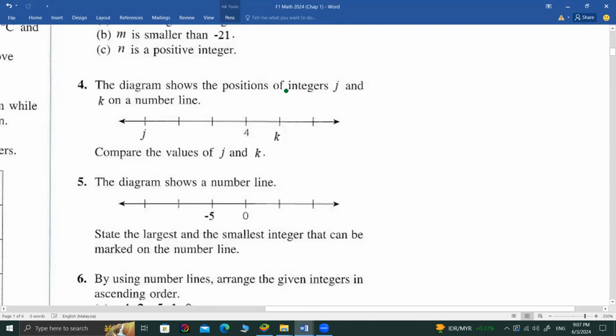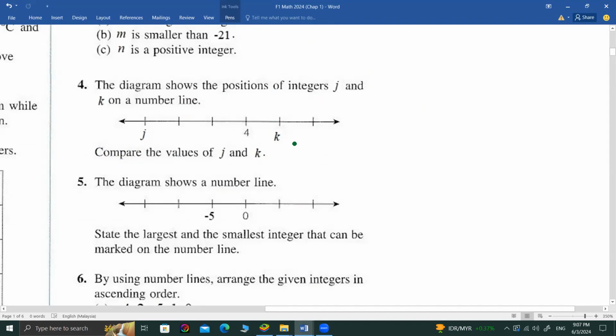The diagram shows the position of integers j and k. Compare. Okay, 大家看到这个字吗？Can you see the word compare? When you see compare, you tell which is larger or which is smaller. 这个叫做 compare. So you see j and k. How you tell? So you either can tell what? K is larger than j. Or you can say j is smaller than k.